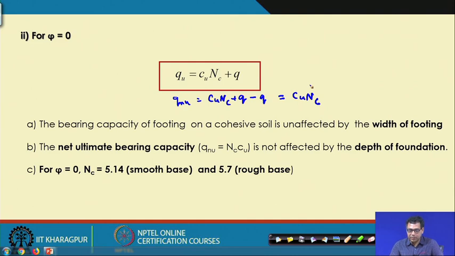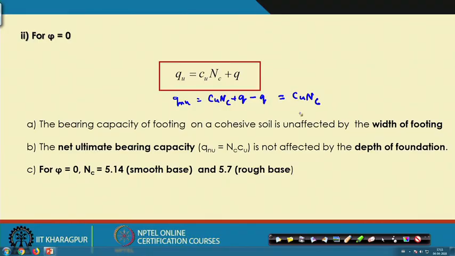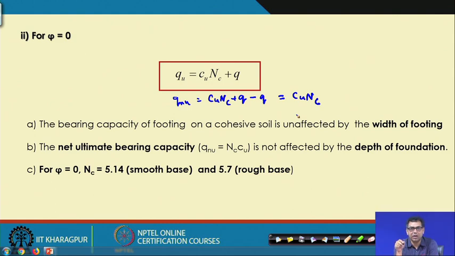And when I discussed the water table correction, we did not apply any correction in the first term, that is the Cu Nc term. So, water table also does not have direct influence, but indirectly it does, because the Cu value will be influenced by the water. As I mentioned, if there is water, then in case of cohesive soil, you have to determine the Cu value under saturated condition.